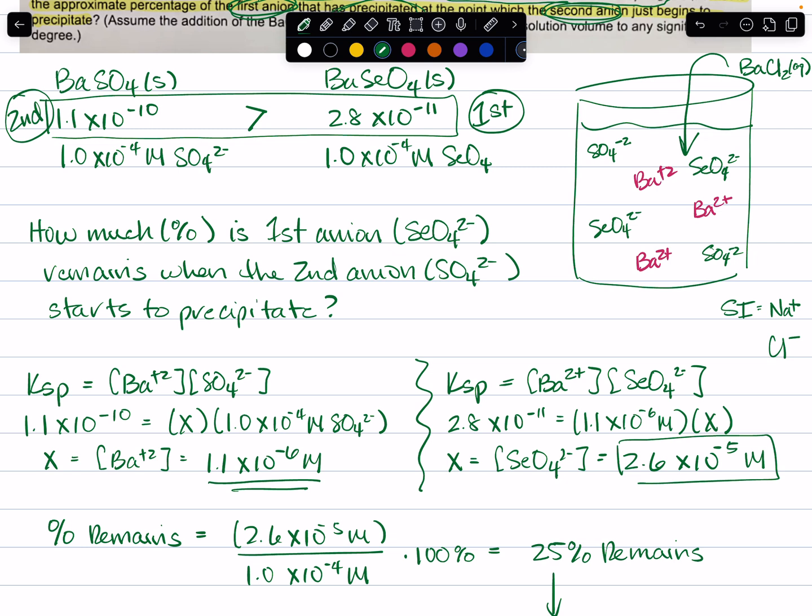So when you're thinking about these problems, you really need to read them very carefully. If it's asking about what precipitates first, think about whether the ions match in terms of number, and then if their molarity values are the same. If they are, then you can use your KSP values to see what's going on.